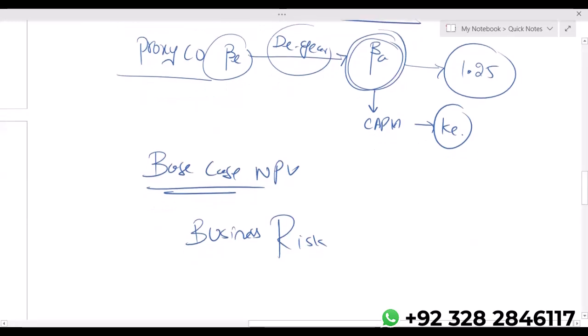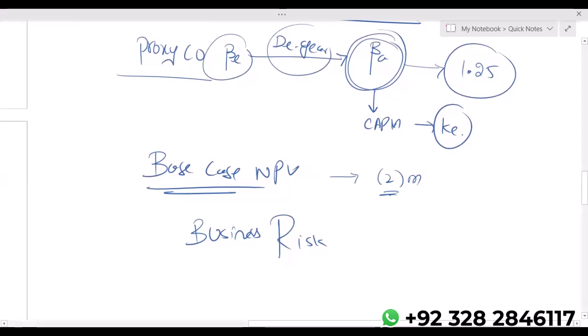Now, there's a possibility that the base case NPV of the project is negative 2 million. There's a possibility that the base case NPV of the project is negative rather than positive. As I already mentioned, APV is the combination of two NPVs.